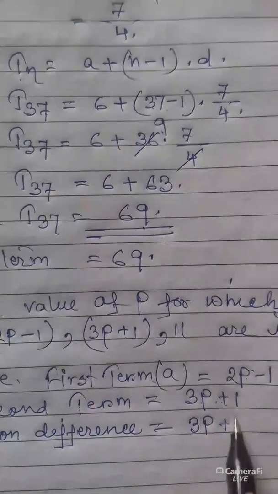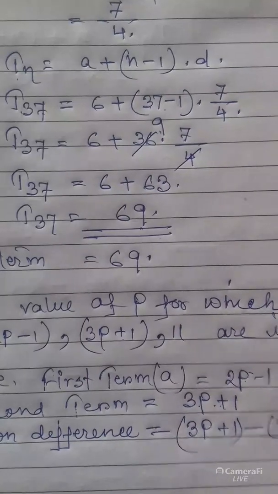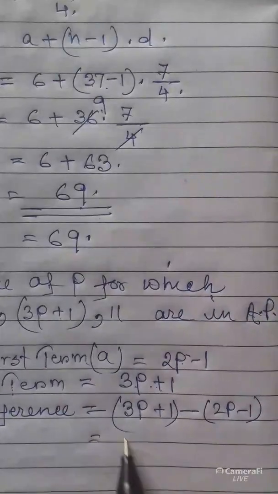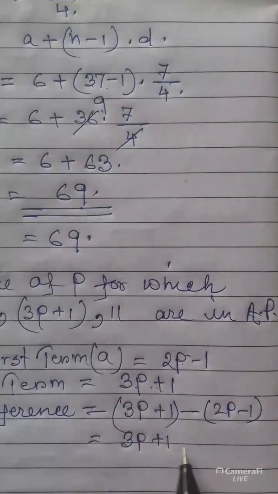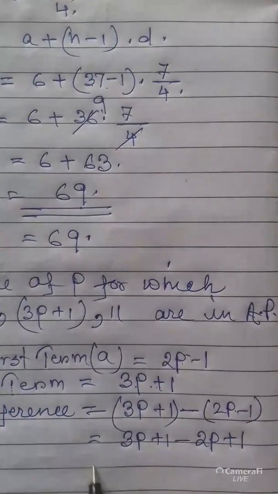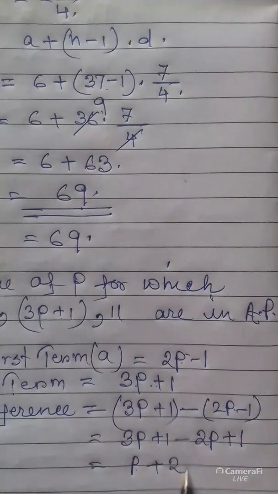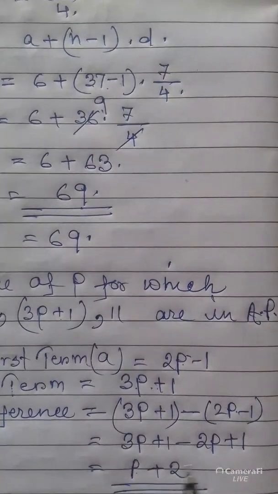So 3P plus 1 minus 2P minus 1. Now we get 3P plus 1 minus 2P plus 1. So 3P minus 2P means P, plus 2. Common difference equal to P plus 2.